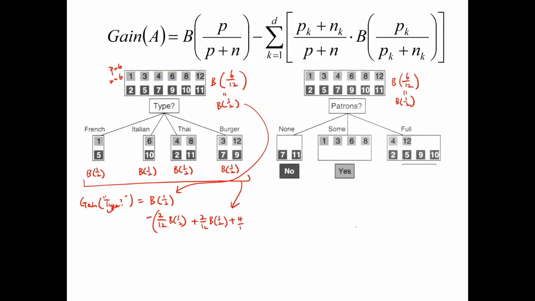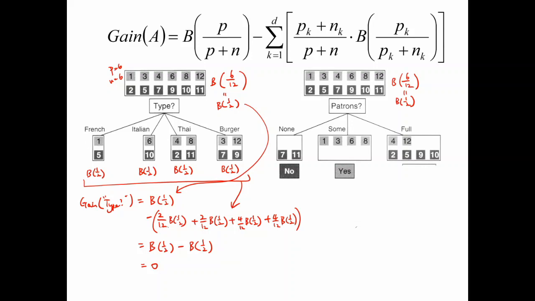And 4 out of 12 went to the third group, and 4 out of 12 went to the fourth group. Well, we're taking the weighted average of the same value, B of 1/2. So that would just be B of 1/2, which is 0. So the information gain is 0, which in turn means when we use type as the decision point, we don't get to reduce entropy at all.